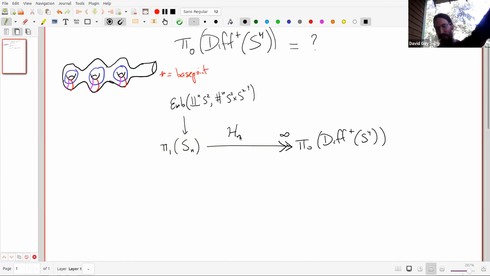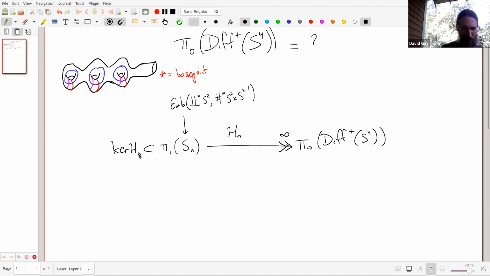If you let n get large enough, if you're trying to hit any particular element of π0 Diff+ of S4, for large enough n you can hit it. You can describe that as giving a map from a limit of groups, π1 of S∞, but we don't need to be that fancy. Then this contains naturally the kernel of that map Hn.